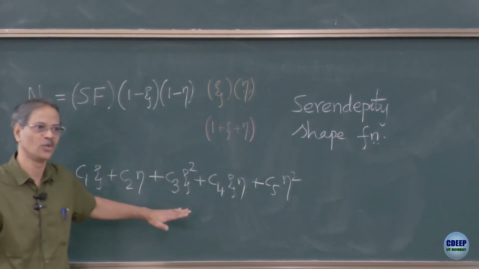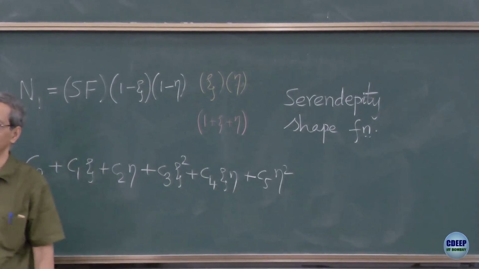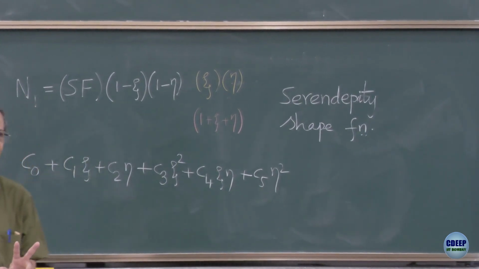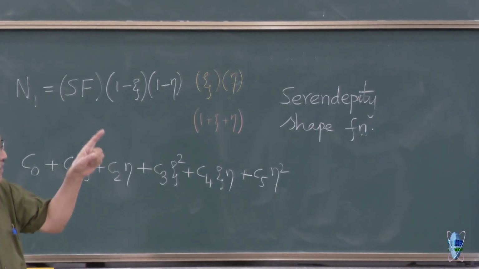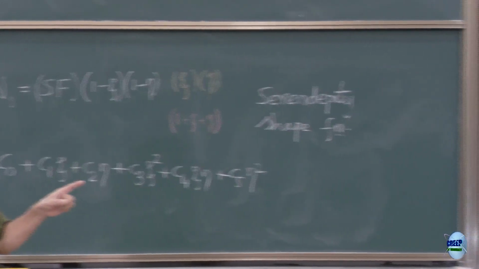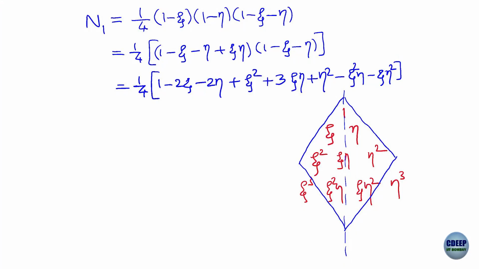This is the complete polynomial in zeta, eta, 2 coordinates, correct? But what we have got there are additional terms, as I have marked in the triangle with a diamond shape. So zeta squared eta and zeta eta squared, these are 2 additional terms we got.